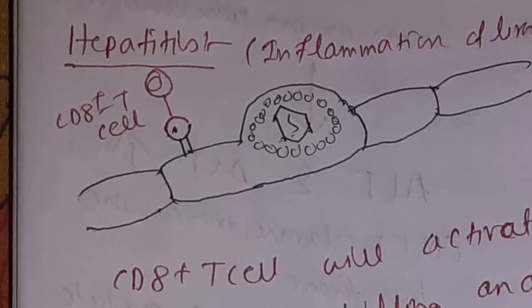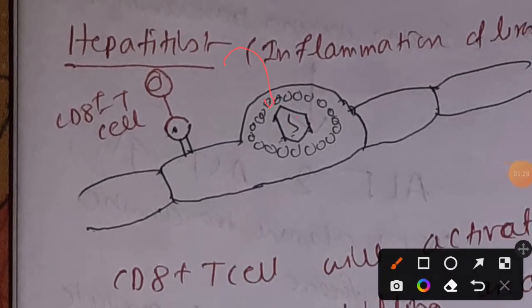So first, the hepatitis virus will infect the liver, and it will cause the MHC class 1 molecule to express the protein.